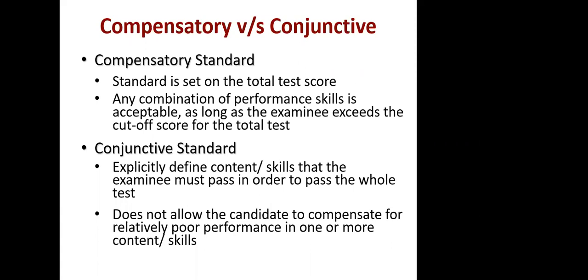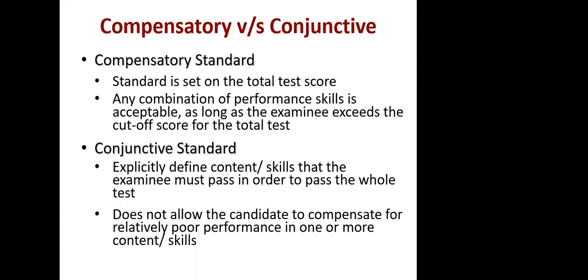And now let us read this, and I'm sure it will be very easy. So compensatory standard is a standard set on a total test score. Any combination of performance is acceptable as long as the examinee meets the cutoff score. Conjunctive standard explicitly defines the kind of skills or the combination of skills that the examinee must pass in order to pass the exam.